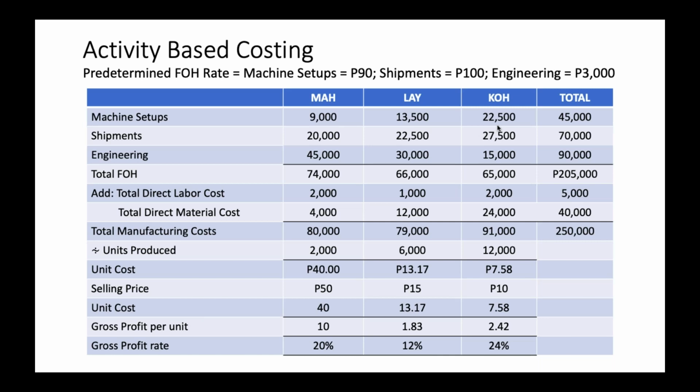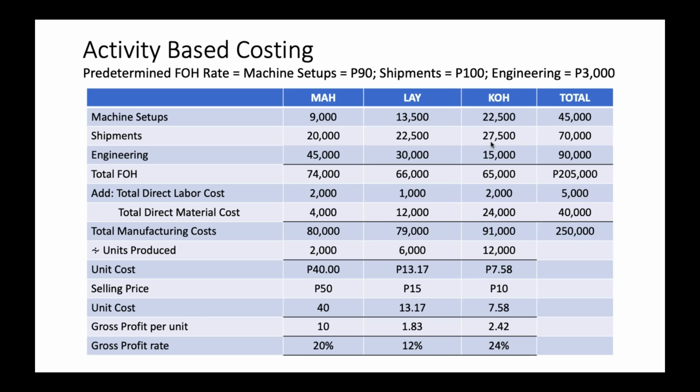In terms of shipment, Ma has 200 shipments times 100 pesos, that's 20,000. For Lai, we have 225 shipments times 100, that's 22,500. For Ko, we have 275 shipments times 100, 27,500.